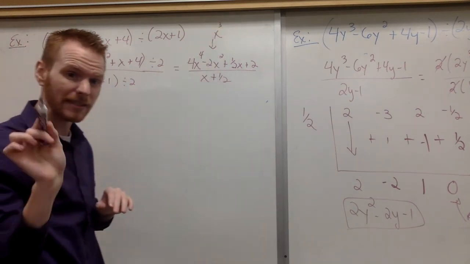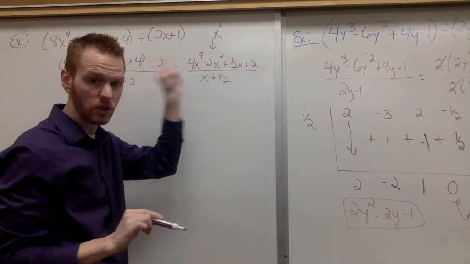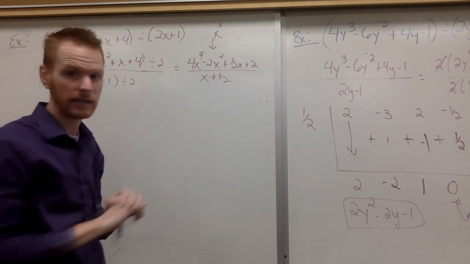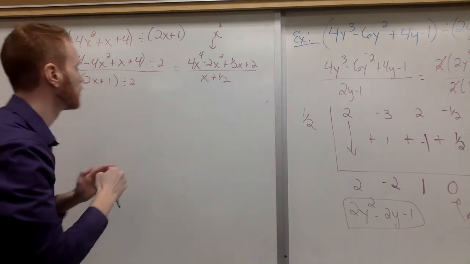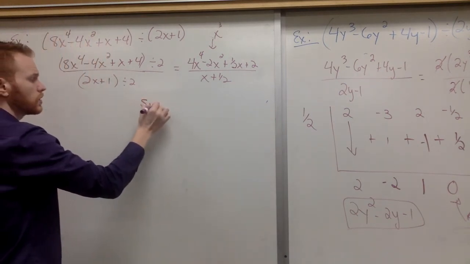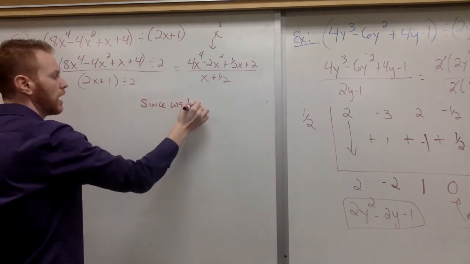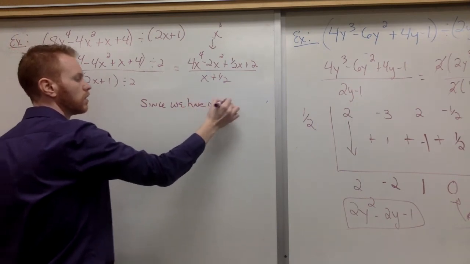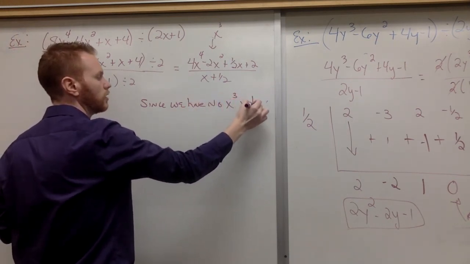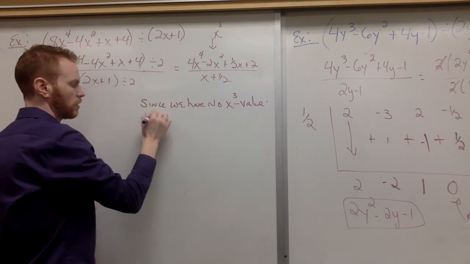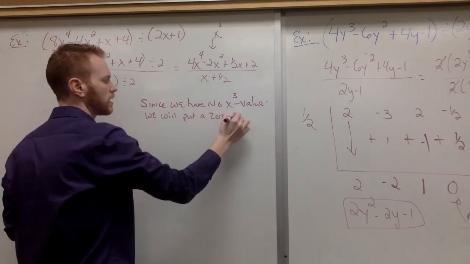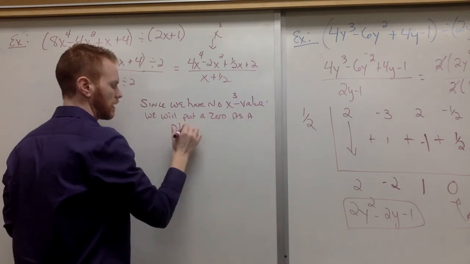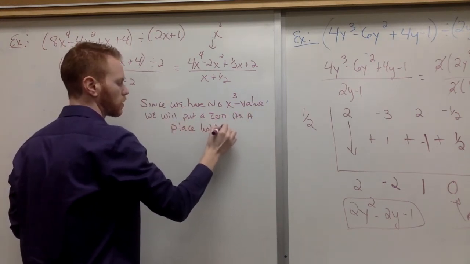Now, because I'm missing that value, I'm going to put a 0 as a placeholder for it, okay? Because as I'm going down through the ranks, I'm still going down through the powers. So since we have no x cubed value, we will put a 0 as a placeholder.